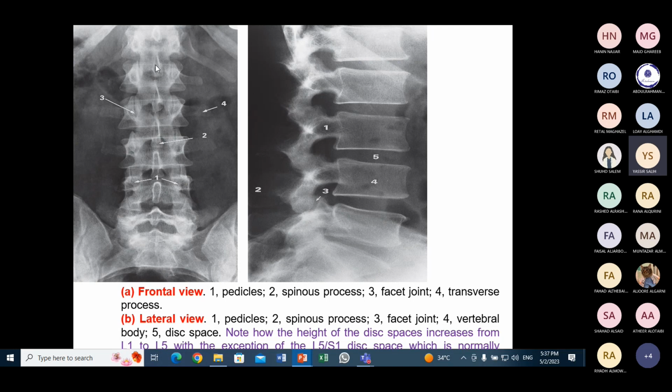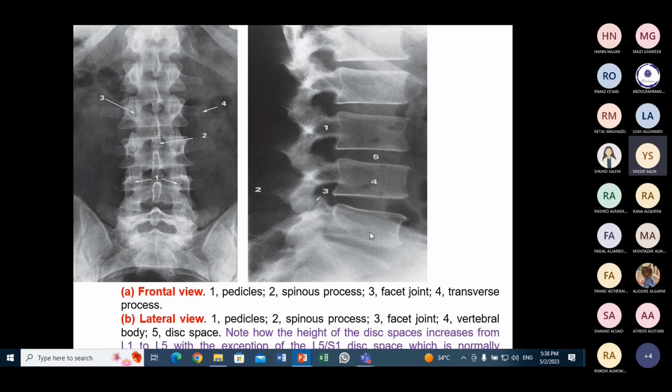Intervertebral disc spaces. Look at the vertebral body height: the vertebrae are of normal height and normal size. In the lateral view, you can see the intervertebral disc spaces well. Notice that these spaces increase from L1 to L2, but at the level of L4-L5 this space is normally narrowed. If we take a lateral X-ray and see this, it is considered normal.